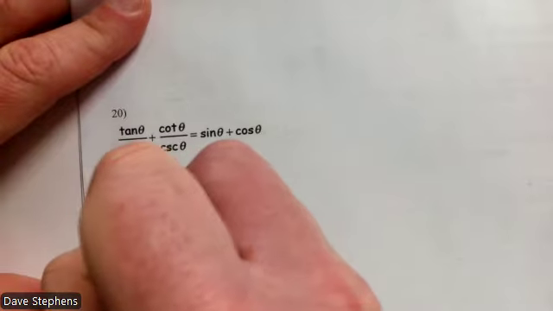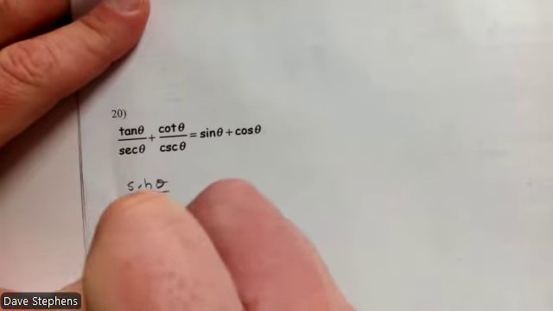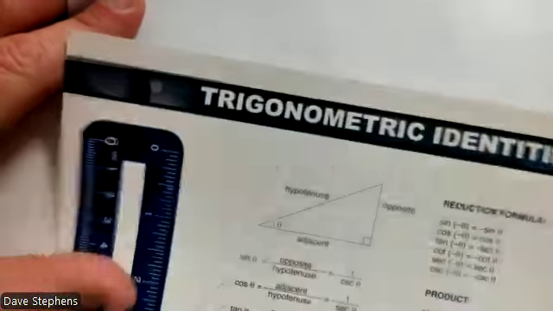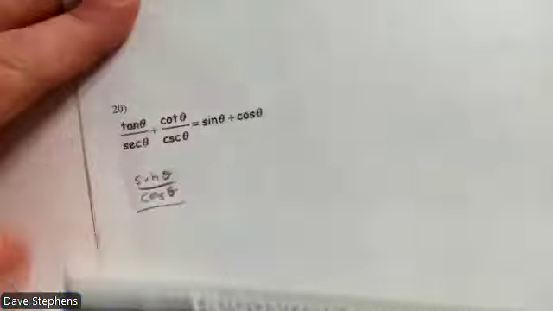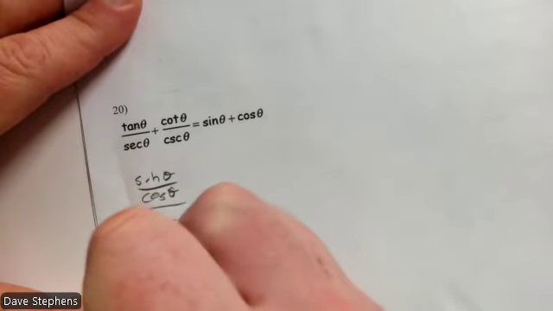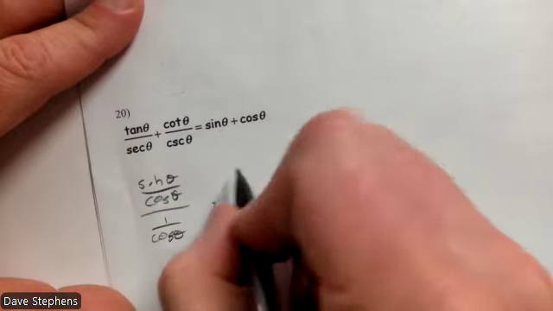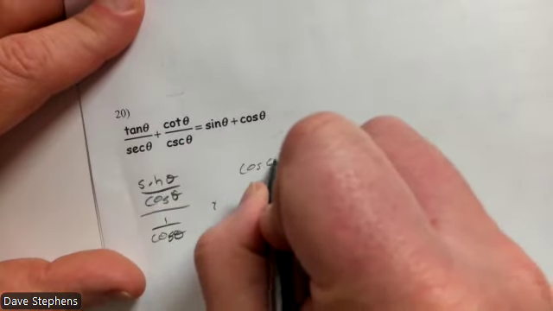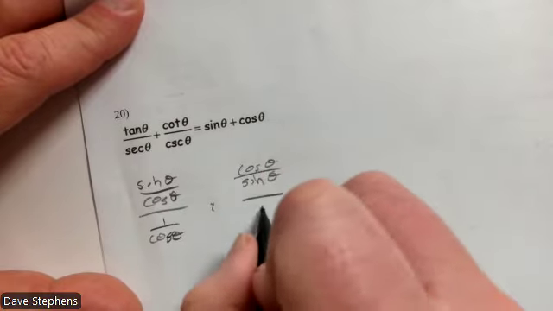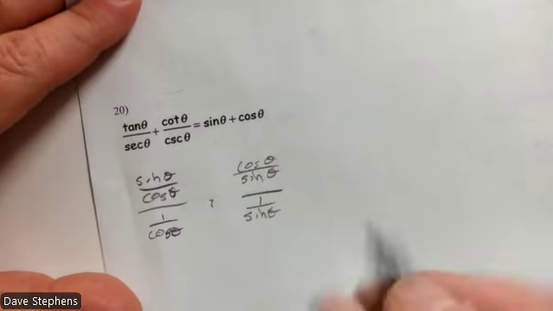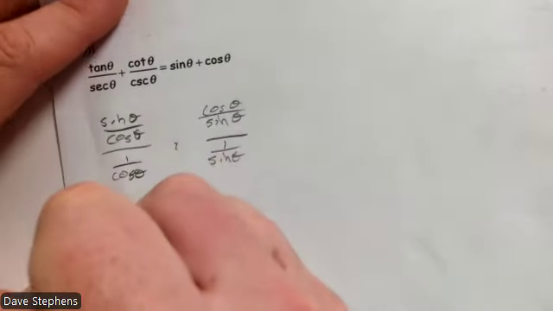Tangent is sine theta over cosine theta. Secant is 1 over cosine theta, plus cotangent is cosine theta over sine theta, divided by cosecant, which is 1 over sine theta. Keeping, changing, and flipping.